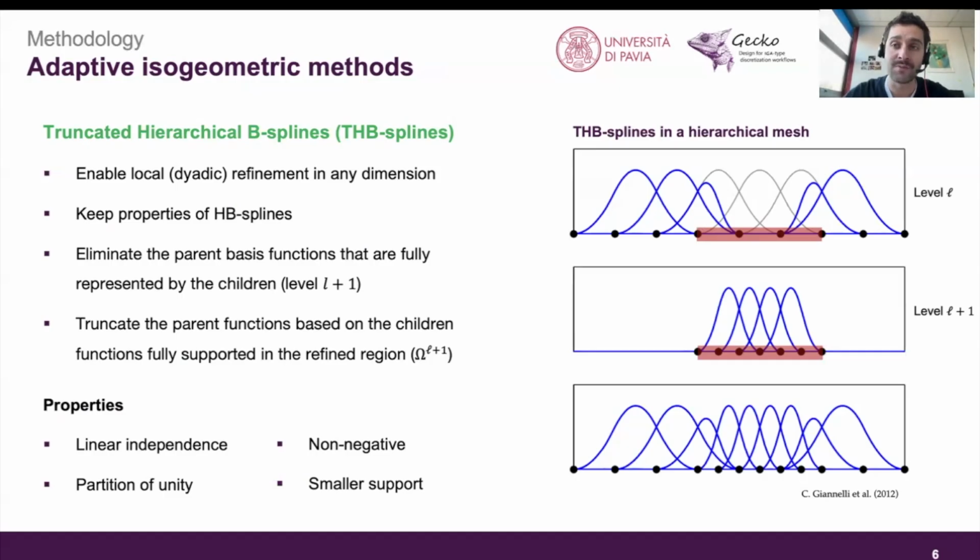They keep very nice properties from the hierarchical B-spline basis, and through a truncation we are able to recover the partition of unity, which is ideal for use in numerical schemes.